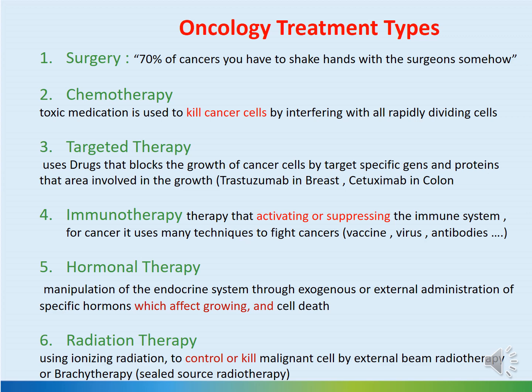Here we use ionizing radiation to control or to kill malignant cells, and we have either external beam radiation therapy or brachytherapy, in which we use a sealed source of radiation. An example is brachytherapy used to treat cervical cancer, where we put the seeds inside the vagina, while in external beam radiation therapy, we give radiation from an outside source, similar to X-ray, to the targeted area like the pelvis, neck, chest or mediastinum.